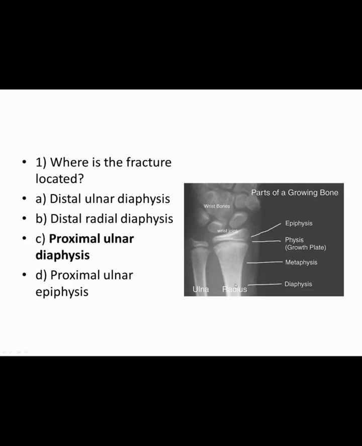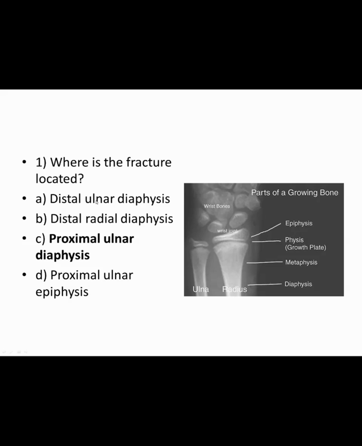So a long bone will have the diaphysis or shaft, and then you have the metaphysis, which is considered the neck of a long bone and connects to the physis, which we can see here in this skeletally immature patient, this lucent line. In adults, this plate will fuse and no longer be visible. And lastly, we have the end of a long bone, which is the epiphysis.